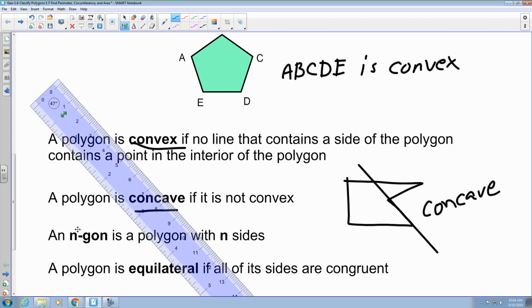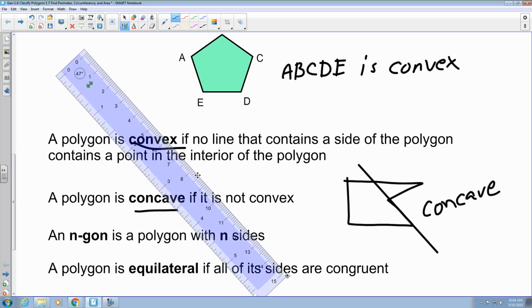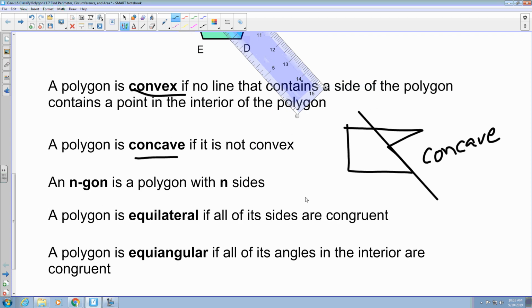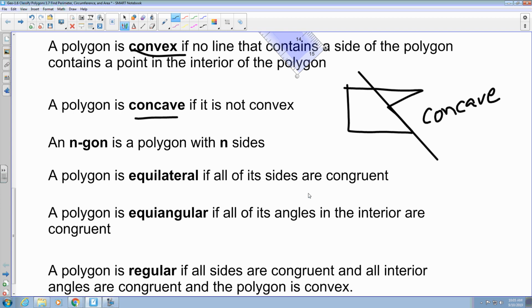All right. If you look here, it says an n-gon is a polygon with n number of sides. Usually they get denoted with names like this for larger figures, say 14 or 15 sides. So if you had a 20-sided figure, you'd call that a 20-gon. Polygons that are equilateral are polygons whose sides are congruent.